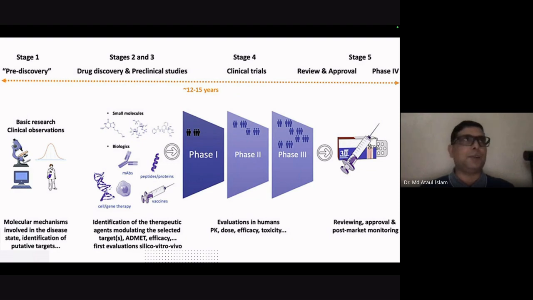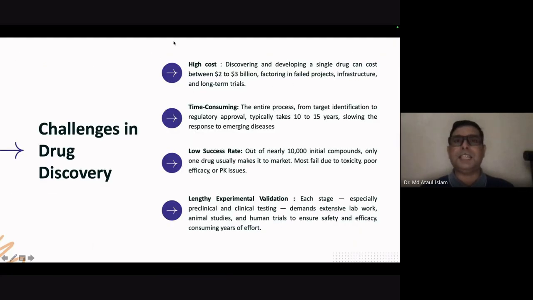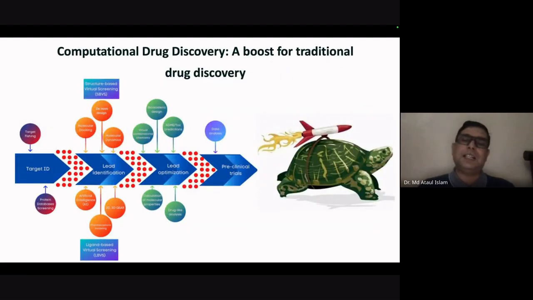It is a very complicated, trial-and-error based method, and the failure rate is extremely high. The cost is extremely high, around $2 to $3 billion US per molecule. The time, as I mentioned, is around 15 years, and the success rate is definitely low, less than 1%, maybe even less than that. A lot of experimental validation is required, in animal studies, human trials, etc. So in this situation, computation plays a major role.